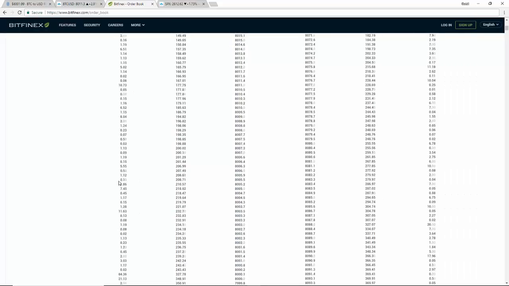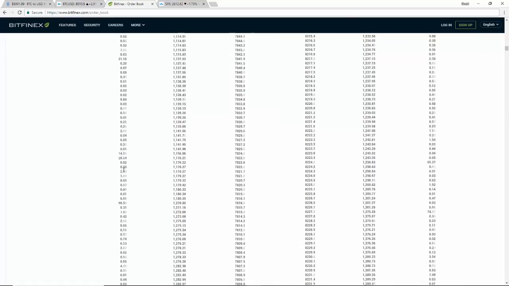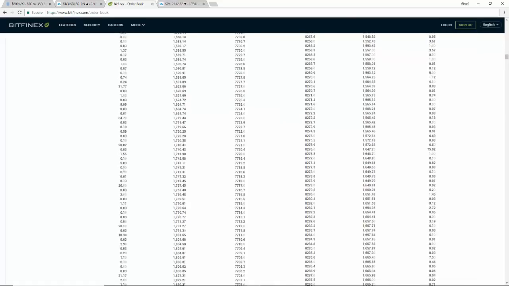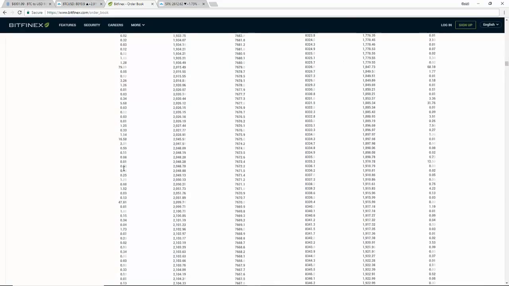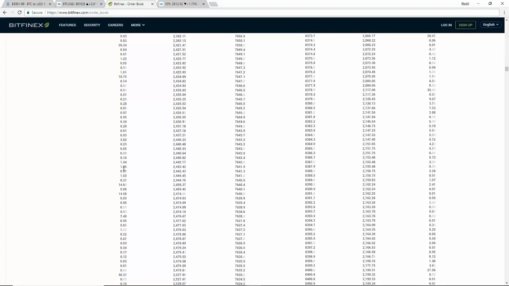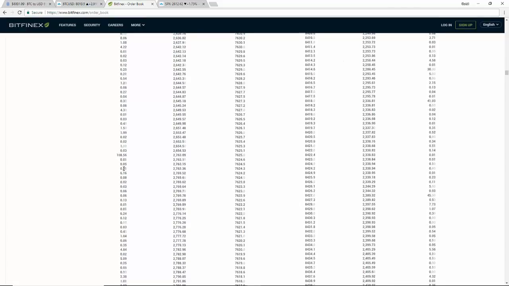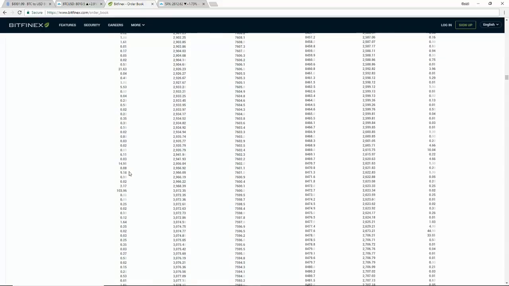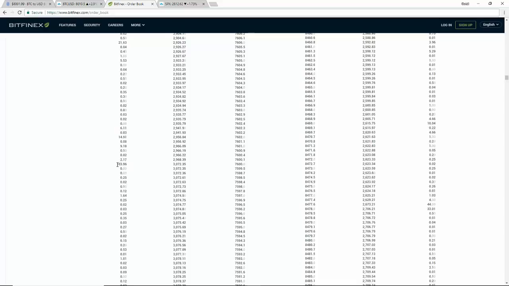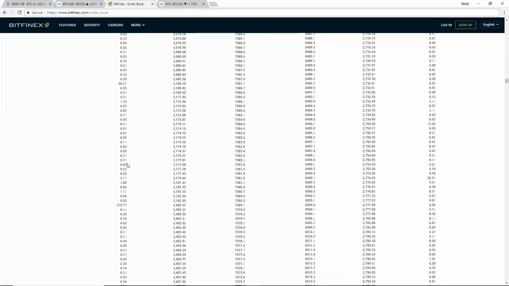So if we were to go all the way down and look at a level such as 7,500, we can scroll, we could type it in, and we can visualize along the way which price points hold some significance with that same mentality of looking for 100 or greater Bitcoin.